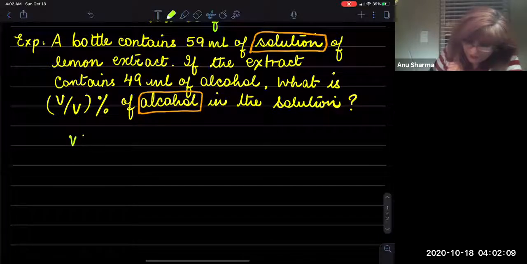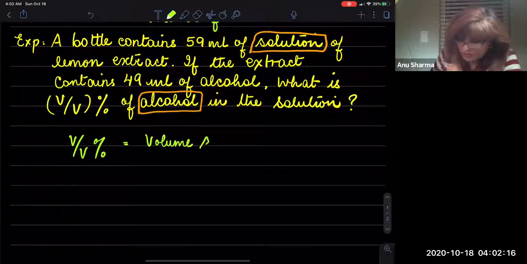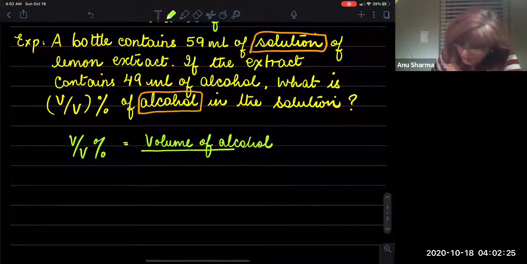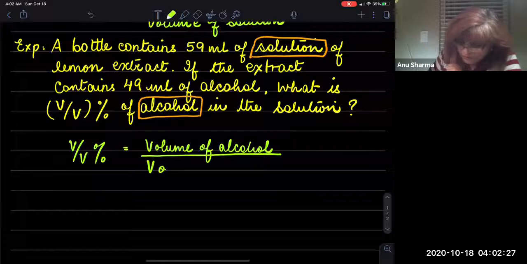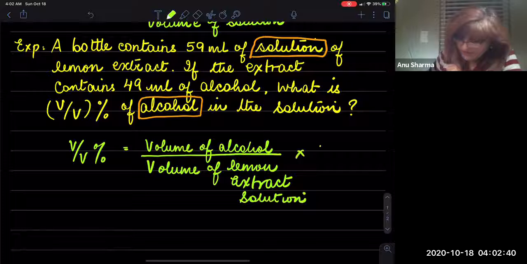So the volume by volume percent is equal to the volume of the solute, which is the volume of alcohol in this case, over the volume of the lemon extract solution, and that is times 100%.